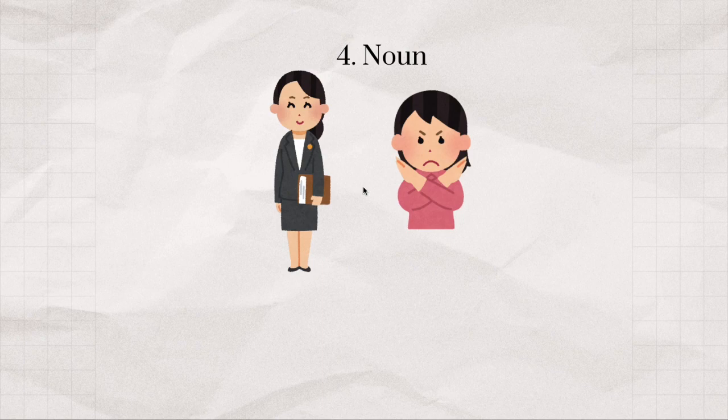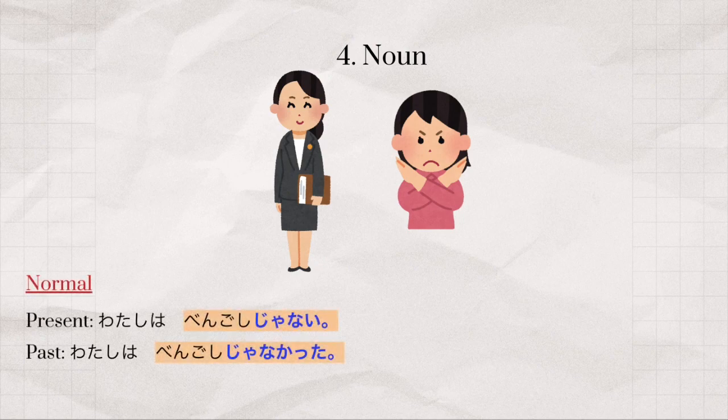Okay, the next one. It's hard to tell from this picture who she is, but she is a lawyer. And the woman next to her is doing the no sign, so which means she is not a lawyer. Let's try to say this in a sentence. To say this in normal present, it will be 私は弁護士じゃない.